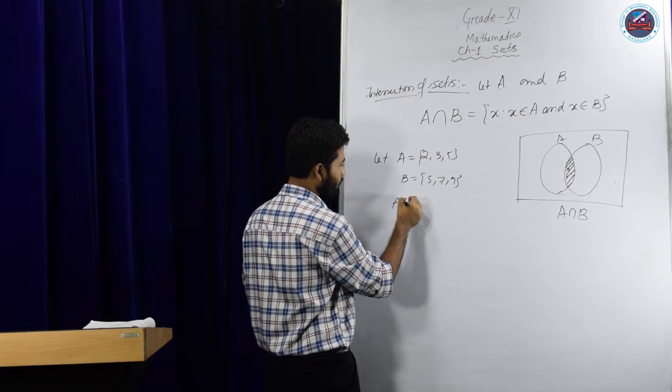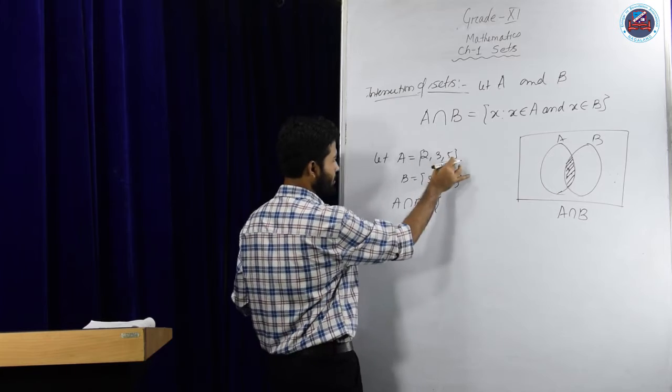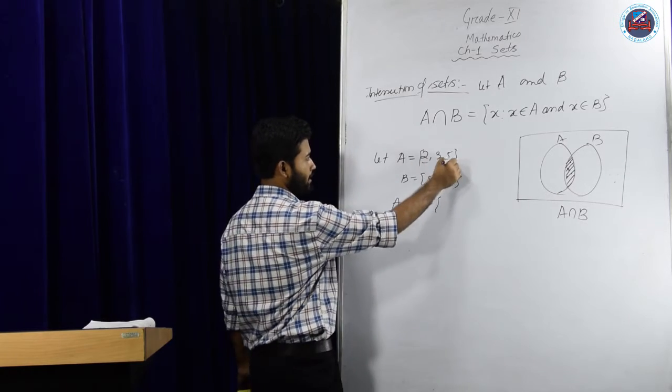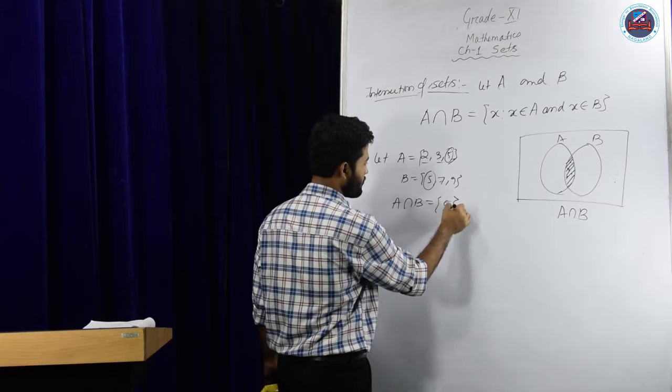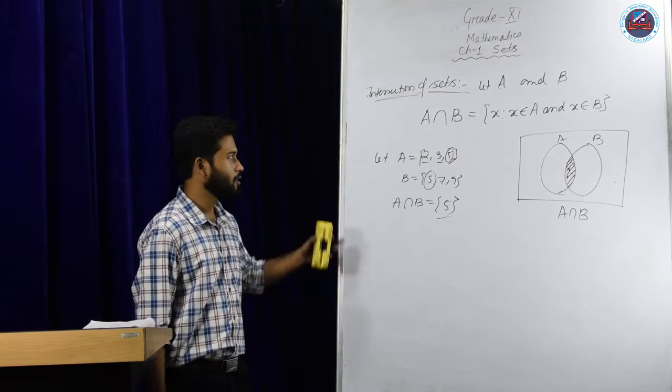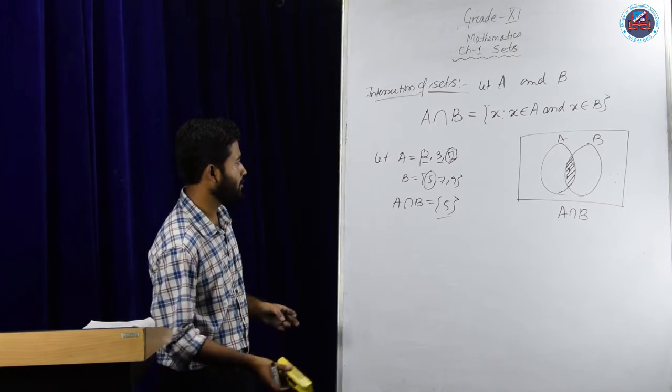What will be A intersection B? Just check what is the common element. It is 5 here, isn't it? So it will be {5}. Fine. So that is all about union and intersection.